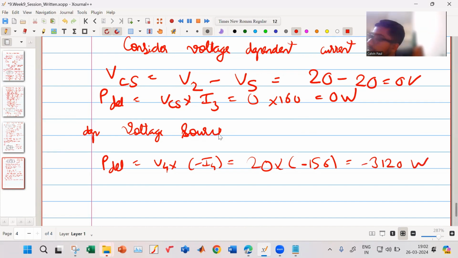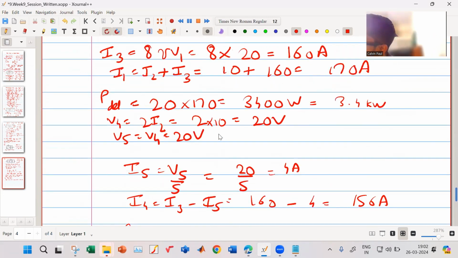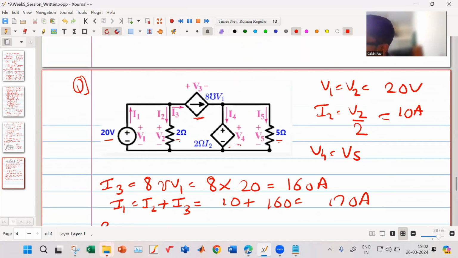Now tell me how much is the power consumed by this 5 ohm resistor and 2 ohm resistor. 20 into 5, 100 watt by the 5 ohm. Total power is 3.4 kilowatts, power delivered by the 20 volts.